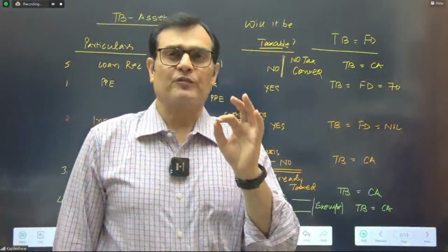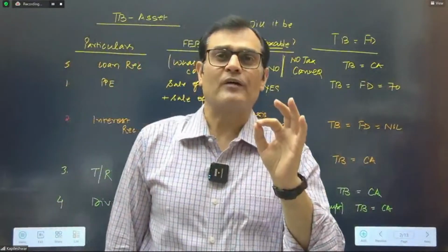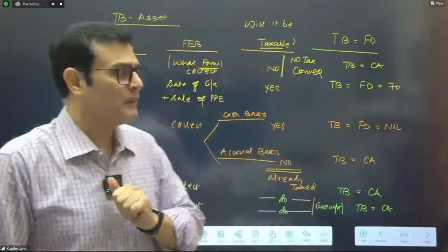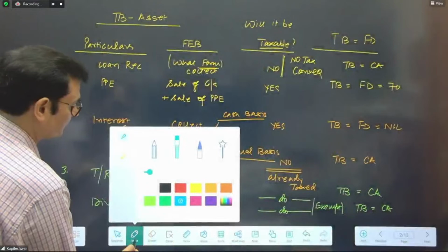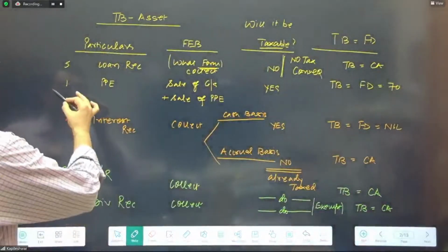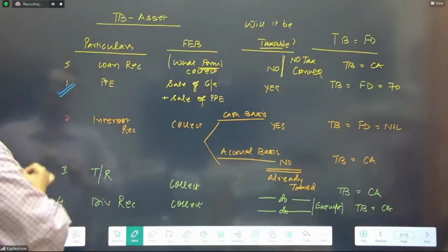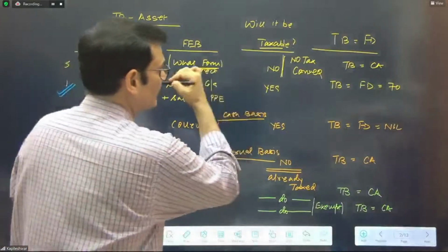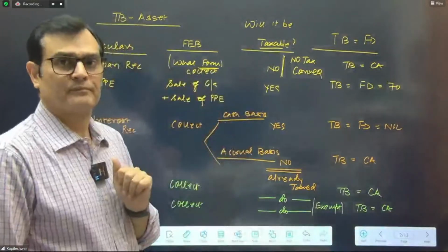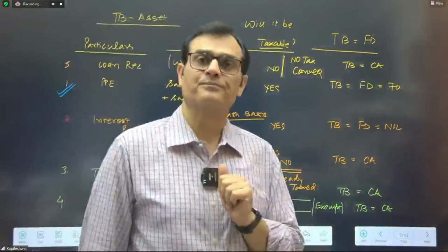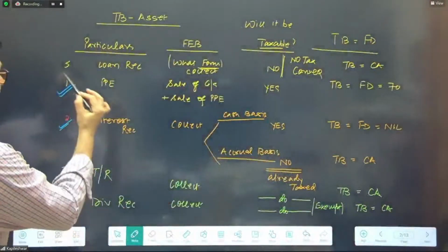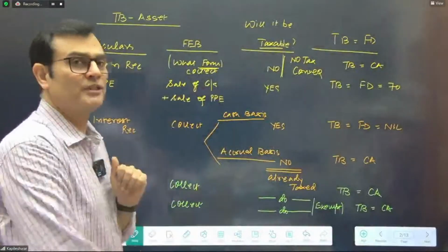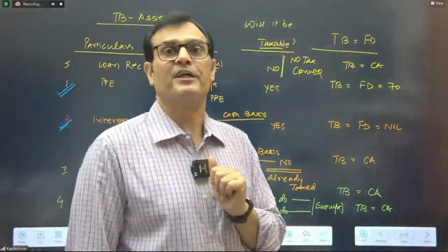Let me now show you a very interesting sequence in these 5 examples, which is going to build up your concept. Let's have a look out here very carefully. In the first case, the benefits were arising and the tax people were coming and they were giving you a deduction. In the second example, the benefits were coming, the tax authorities were coming, but they were not giving you a deduction.